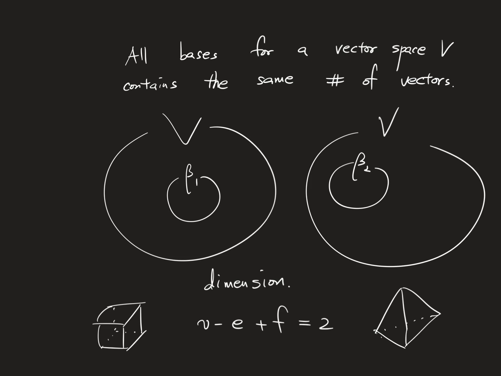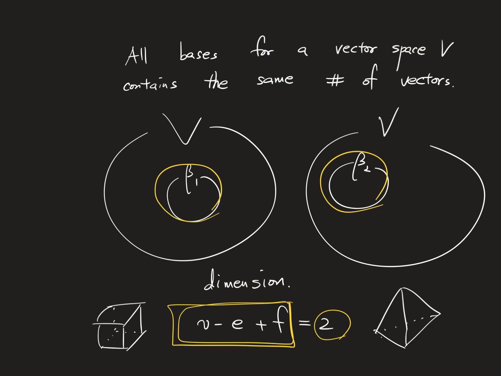So this is a kind of invariant, because it's always 2. This is a special number. Similarly, a basis could be many, its basis is not unique, but the number of vectors in the basis is always the same. So it's special, and we gave a name for that: the dimension of a vector space.